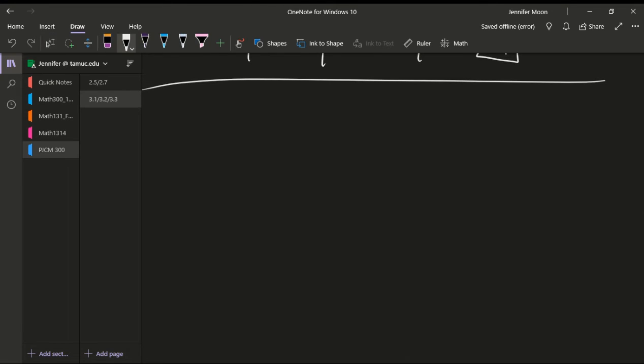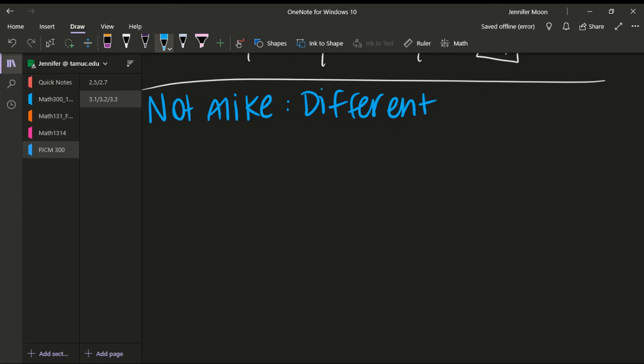Now let's say they are not alike. So this would mean that they have different denominators.